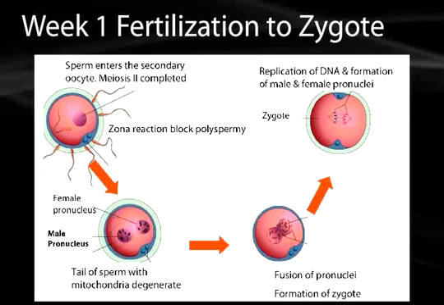Then the male and female genomes will make the male pronucleus and the female pronucleus. Notice that the tail of the sperm and all of the mitochondria associated with it will degenerate, and this is why maternal mitochondrial DNA is what is passed on from generation to generation.